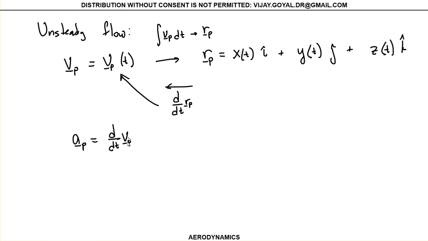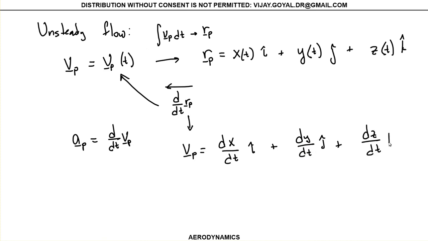Okay, so if you wanted to see how this really works, your velocity vector would be nothing else than dx/dt i plus dy/dt j plus dz/dt k.